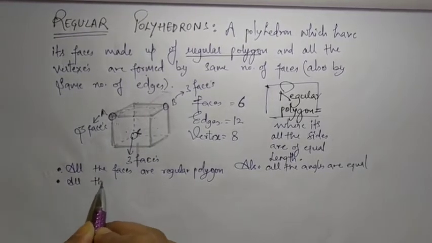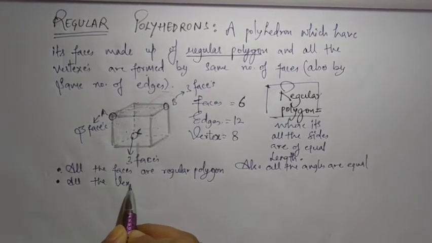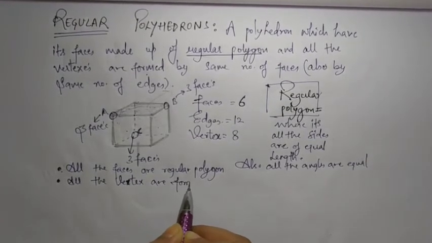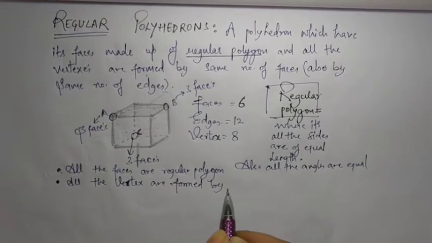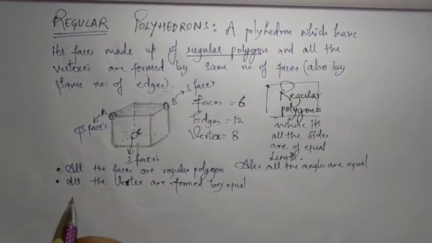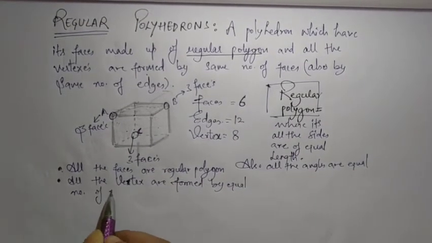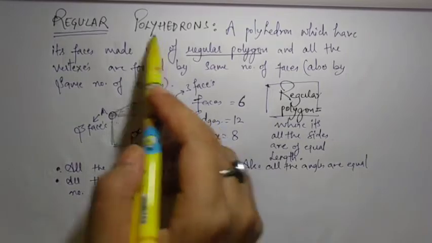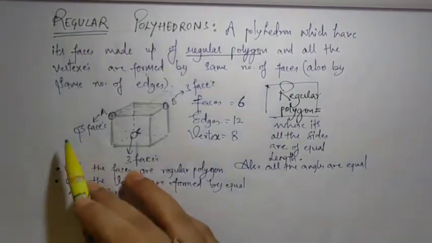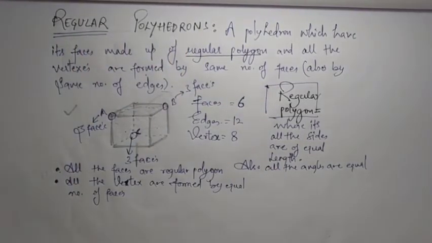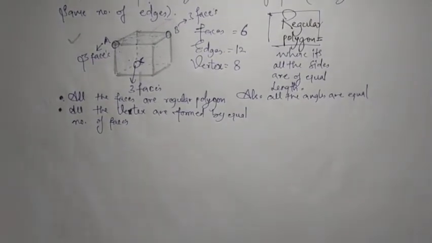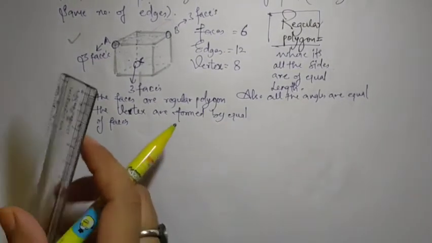All the vertices are formed by an equal number of faces. So this is how it is a regular polyhedron. So that's why I can say yes, this is a regular polyhedron. Suppose I take another example, which is also from your book, let's draw that.